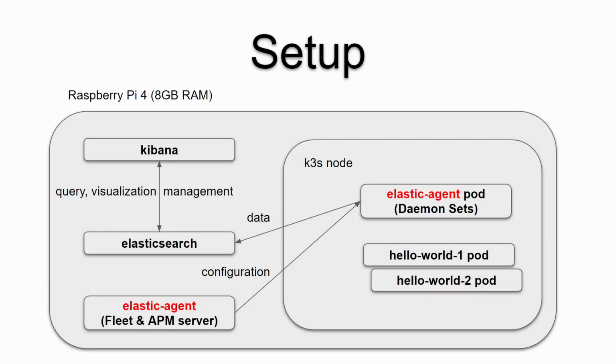And that's it. Your observability system is ready. Now you don't have to log on to your pods, check the logs there, or find out what went wrong in your application. You can simply go to Kibana and check everything there.